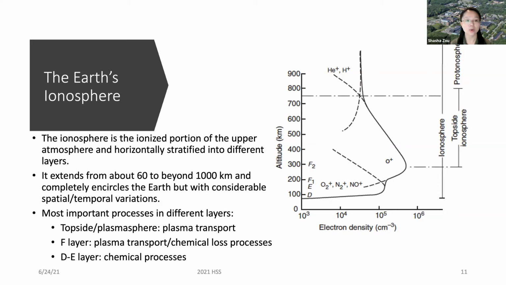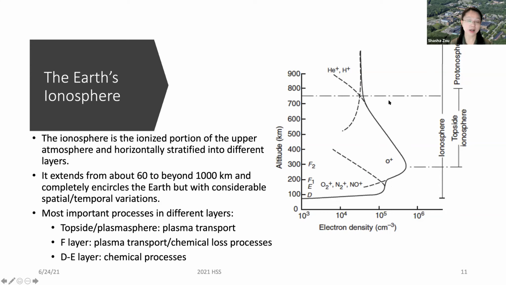And so when they have sufficient time to move around, the transport process now becomes more important. And so when we consider the F region plasma dynamics, we have to combine the chemistries with the transport. So this marks the major difference between those different layers here.